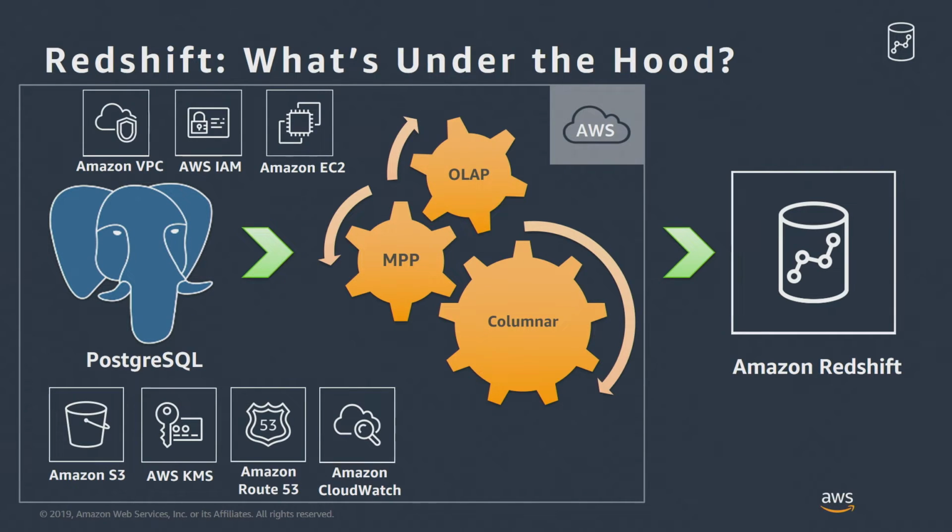So what does Redshift look like under the hood? So far we've been talking about Redshift as a SQL data warehouse where you've got a JDBC connection or an ODBC connection coming in, either from a BI tool like QuickSight, a BI tool like Tableau, or maybe a custom application that you've written to use JDBC or ODBC as the interface. That's going to hit a Postgres compatible engine in Redshift.